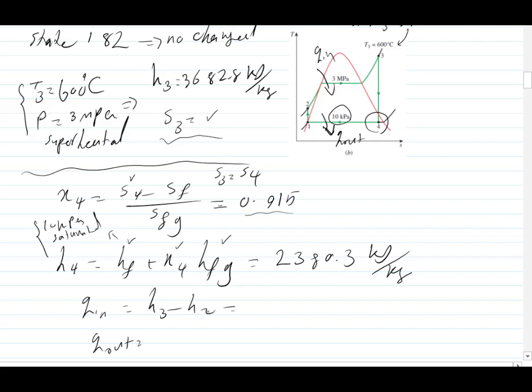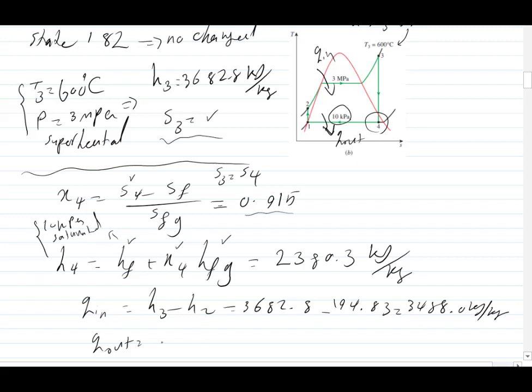With h2 from part A of the question, we just substitute them, and the result will be per kilogram.